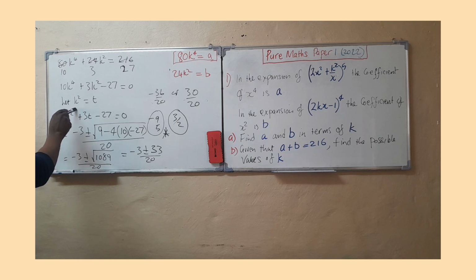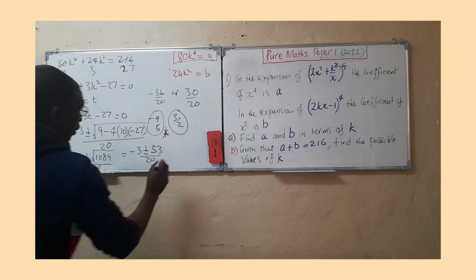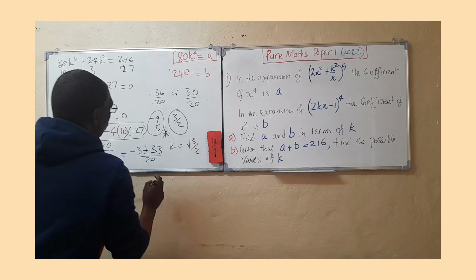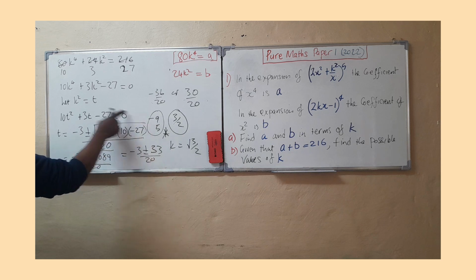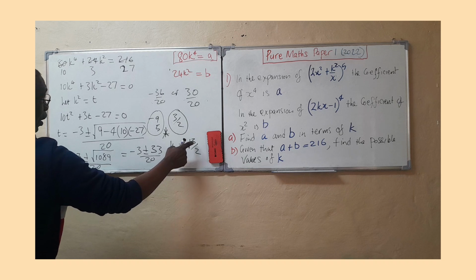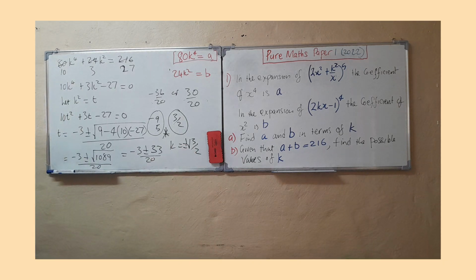So k squared would be either this or that, in which case k is the root of it. k can't be the root of minus 9 over 5, because then it becomes an imaginary number. So the only possible value is plus or minus the square root of 3 over 2.